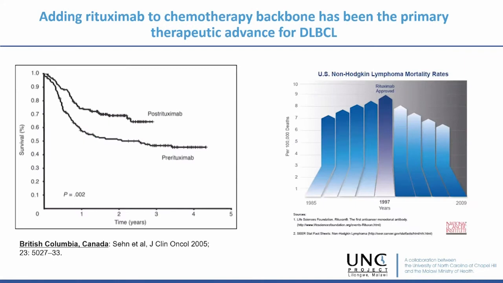Rituximab plus combination chemotherapy, typically CHOP, yields an absolute increase in long-term overall survival of about 10 to 20% in high-income countries. This is compared to the previously standard CHOP backbone.